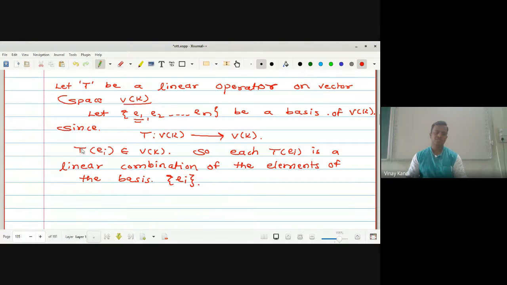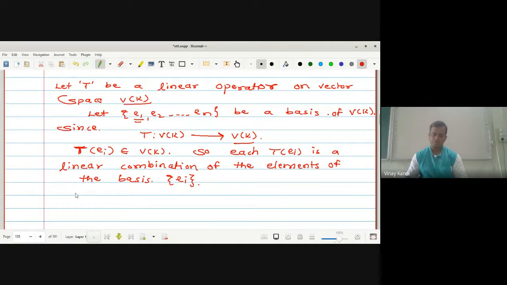This T of Ei belongs to our codomain. But what is the basis of the codomain? Again, E1, E2 up to so on En. So this T of Ei we can write as a linear combination of E1, E2 up to so on En.